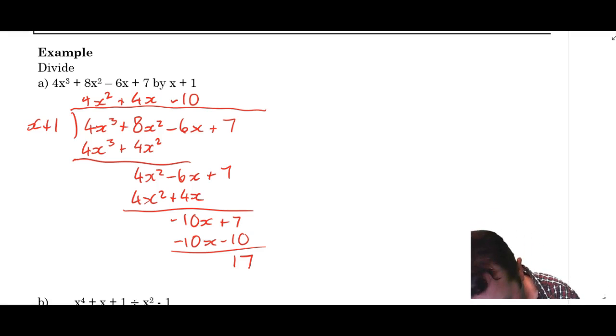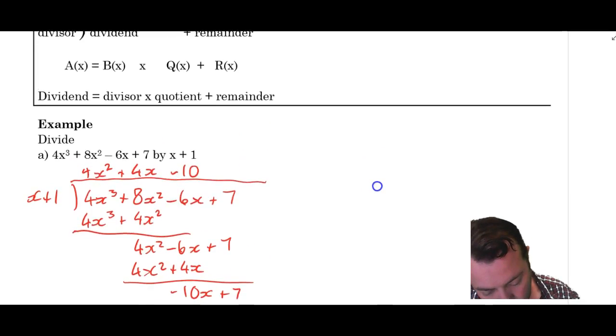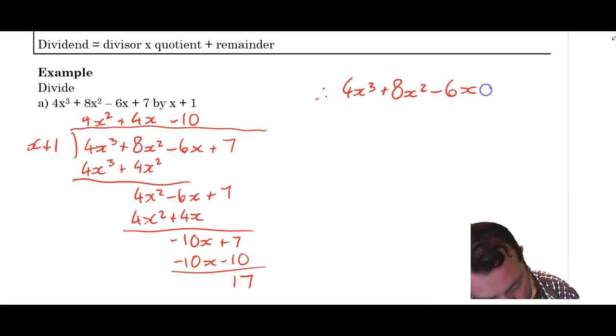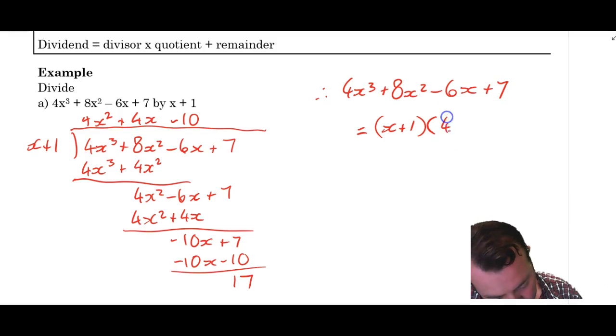So I have a remainder of 17, and we can write it as, therefore, if we like, 4x cubed plus 8x squared minus 6x plus 7 equals x plus 1 outside of 4x squared plus 4x minus 10, plus 17.